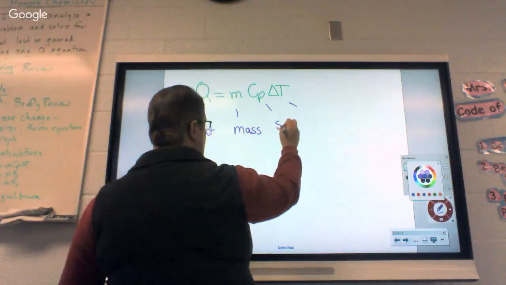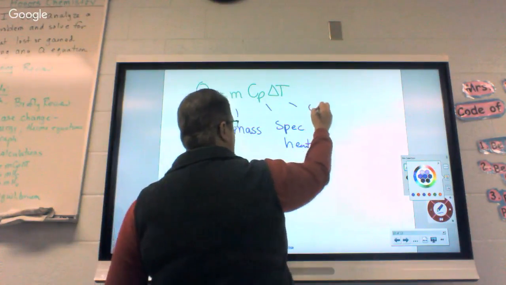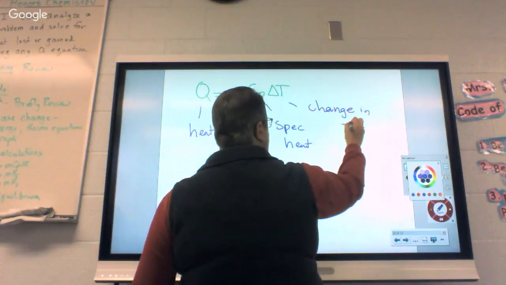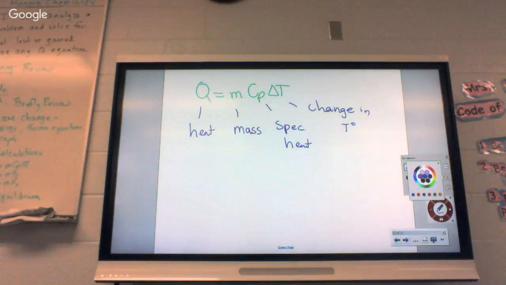Right, so specific heat and change in temperature. So, where do we find specific heat? Because some of us got this wrong on that benchmark a while ago. On the reference table, in that same block where you just found heat of vaporization and heat of fusion.